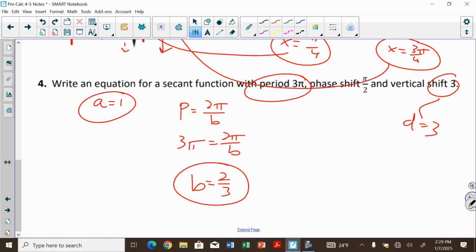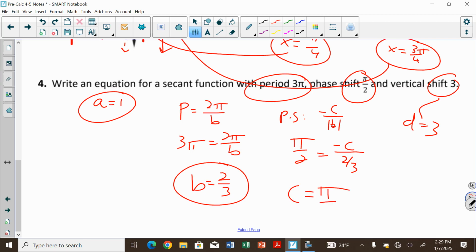And then over here for my phase shift, remember, to find phase shift, it's negative C over the absolute value of B. They give me the phase shift as pi over 2. So basically pi over 2 equals negative C over my B value, which I just found, 2/3. And then, doing the solving here, I'll let you guys solve that, but you end up getting negative pi over 3. This is my C value.